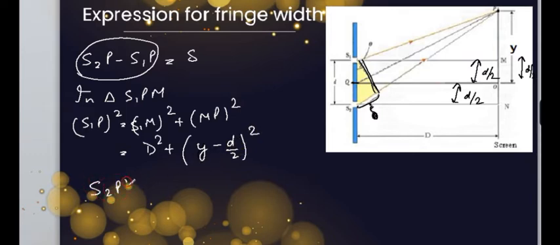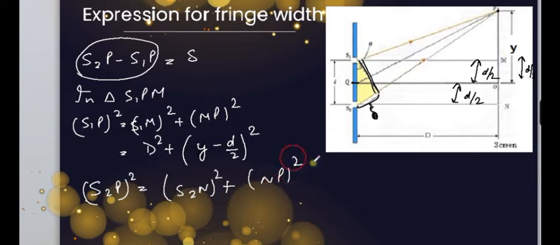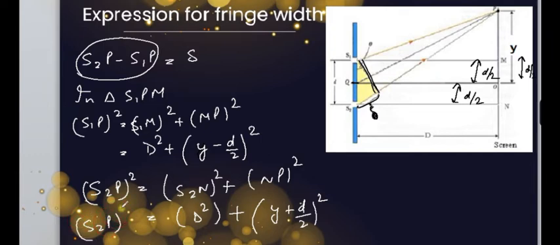Similarly, S2P square can be represented by S2N square plus NP square. So it can be written as D square plus (y plus d by 2) whole square. Now let's subtract these two, S2P square minus S1P square. So what will you get?